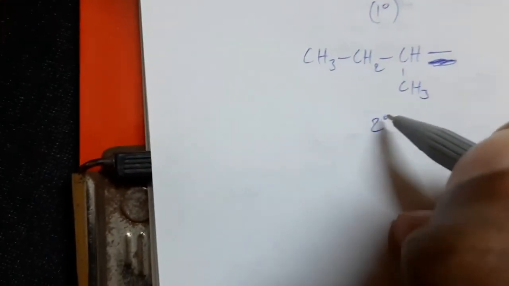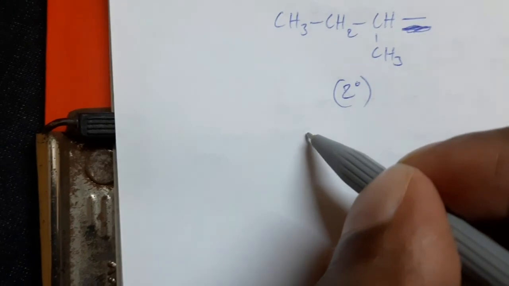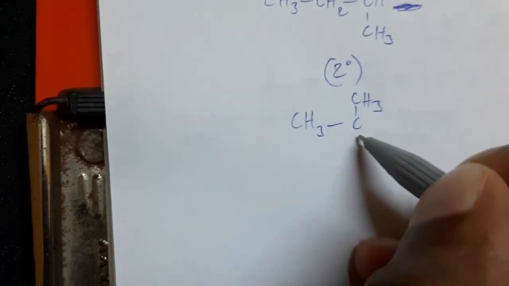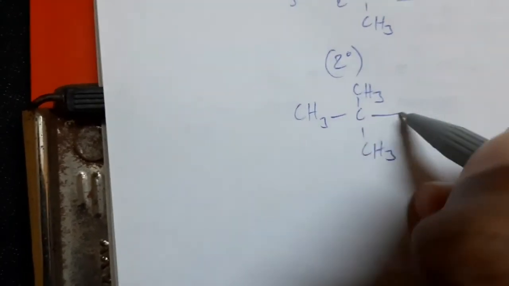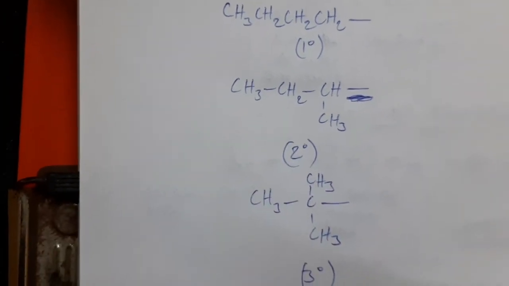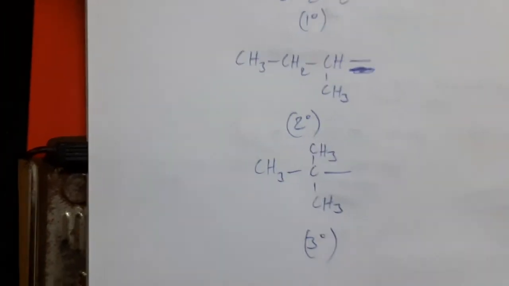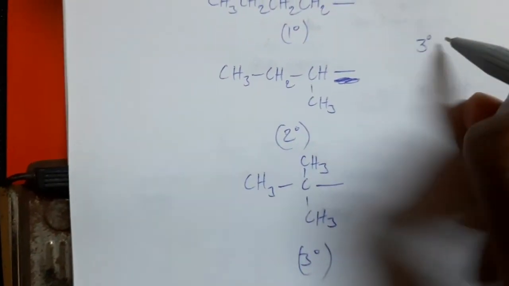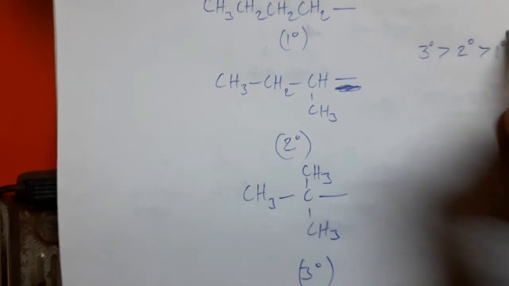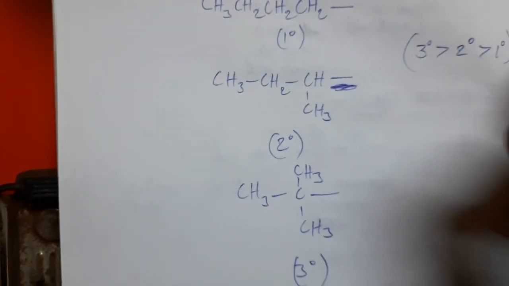So this is secondary. And another one, CH3. This is tertiary. So primary, secondary, tertiary. In these three types of carbon atoms, tertiary carbon atom has more plus I effect than secondary, than primary. So this is the order of plus I effect.